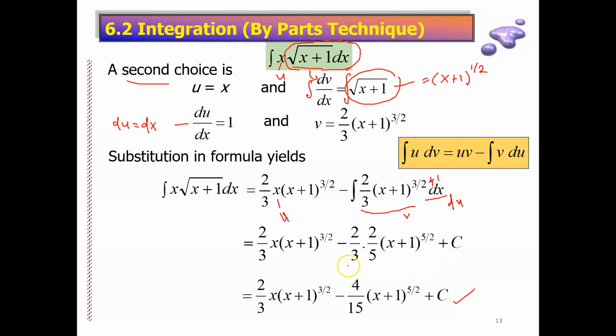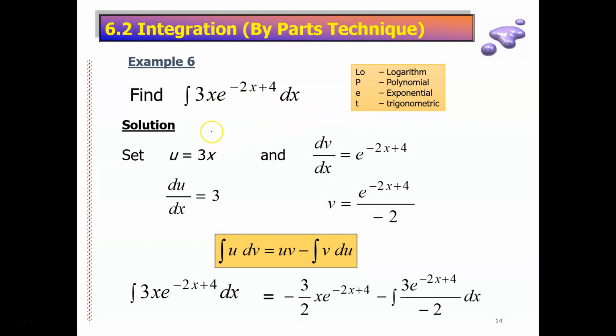It's supposed to be easier at the end. That's why we choose u equal to x. Remember I said just now, we choose u based on the order: logarithm, polynomial, exponential, and trigonometric. Both x and square root of x plus 1 are polynomial, so you have to decide which one.